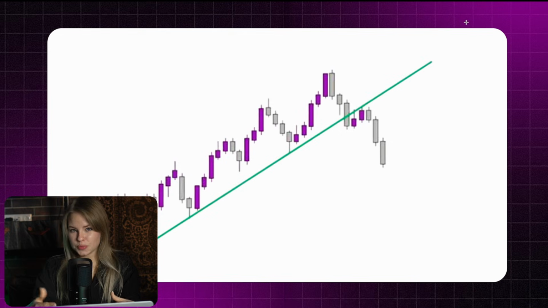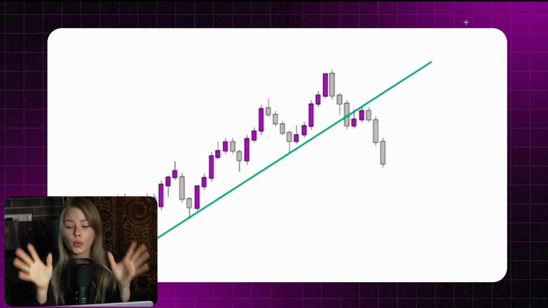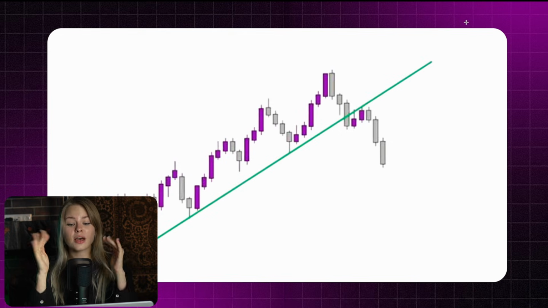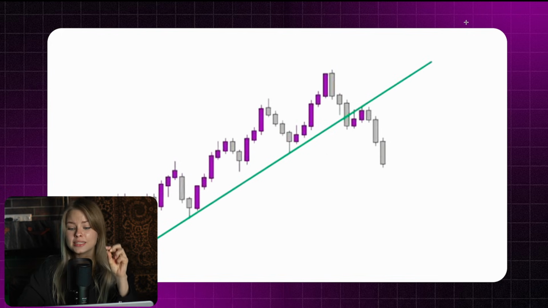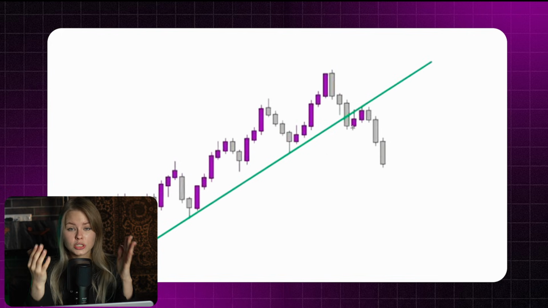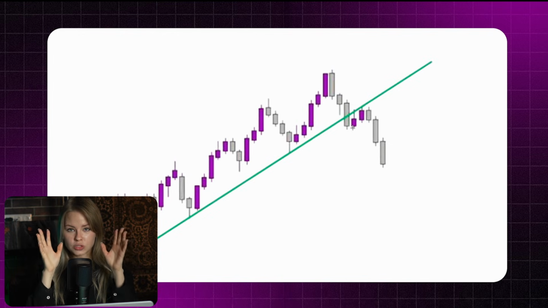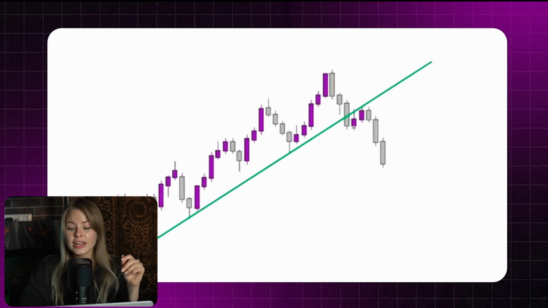And on this picture, on this example, we can see that the price just stops below our level. We see 3 candles under our trend line, and then the trend changes its direction. And here is the most wonderful moment to enter a short trade and to collect your profit.